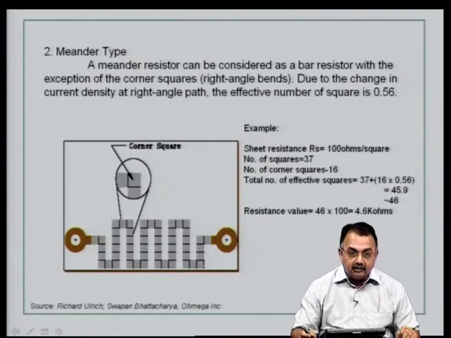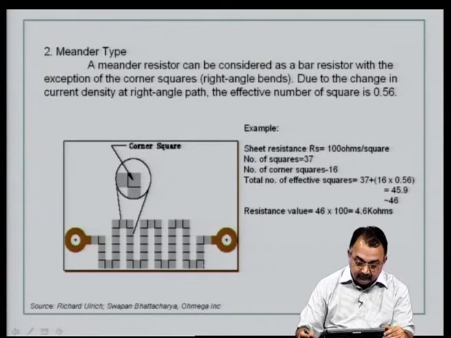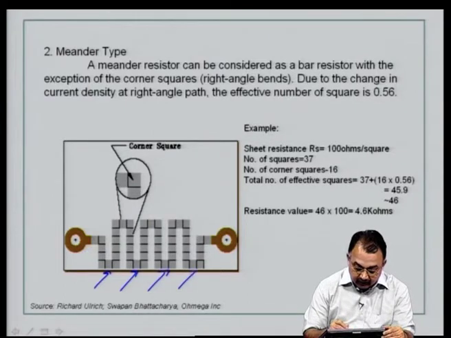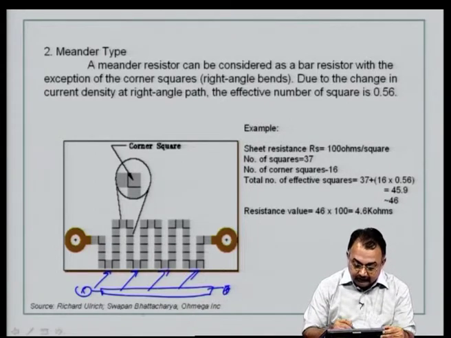Then you have meander type resistors, which can be considered as a bar resistor with the exception of corner squares. You can see that the pattern is meandering over a given area. The idea is to increase the length of the entire strip by using this pattern instead of a simple bar between the stubs. This helps in increasing the number of squares and increasing the value of the resistor.